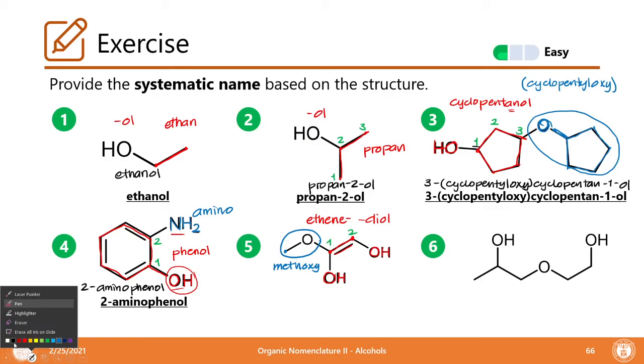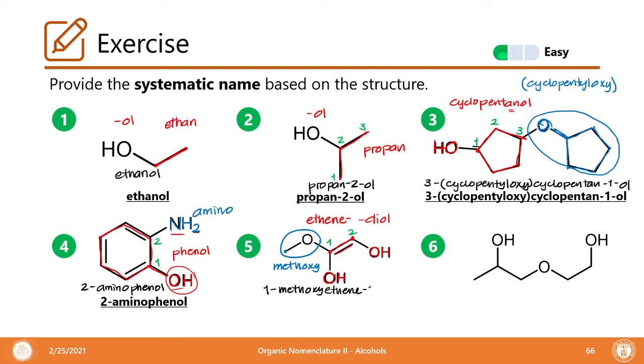Okay, so at position 1 we have a methoxy group, and then we have ethene-1,2-diol. Okay, so emphasis on ethene. We ended it in a vowel, started the suffix in a consonant. So ethene-1,2-diol.